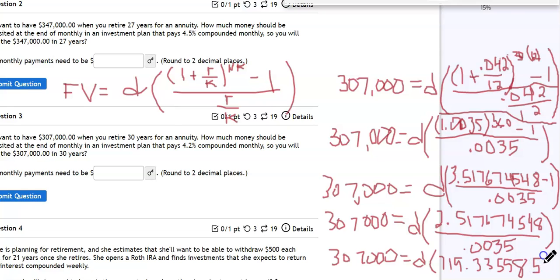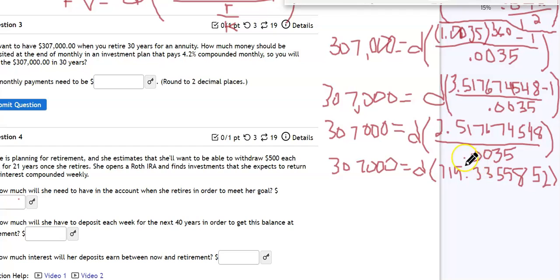Now, let's go ahead and solve this equation. So I have a number multiplied times the variable. To get rid of the number that's being multiplied by my variable, I need to divide by that number on both sides. So I'm going to divide by 719.3355852.